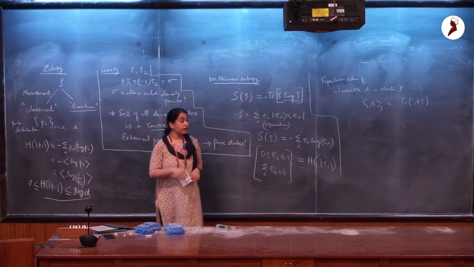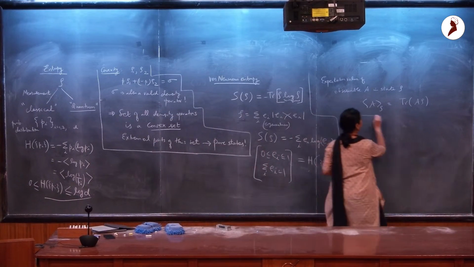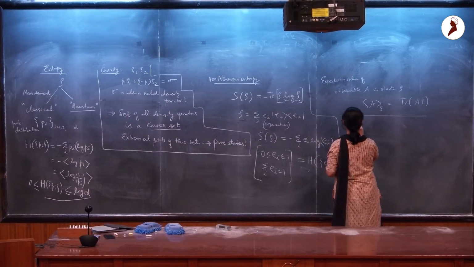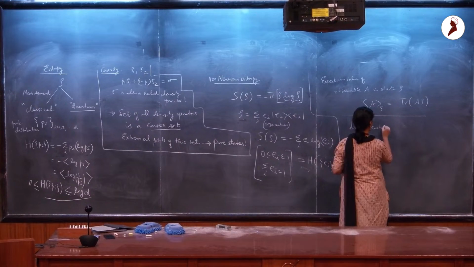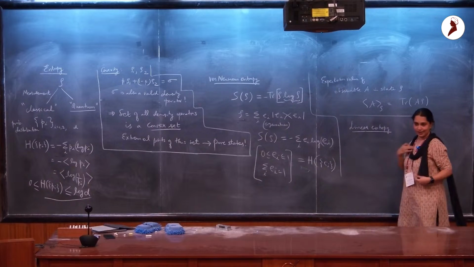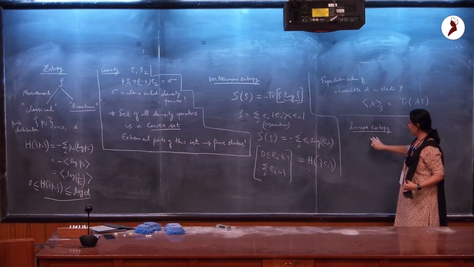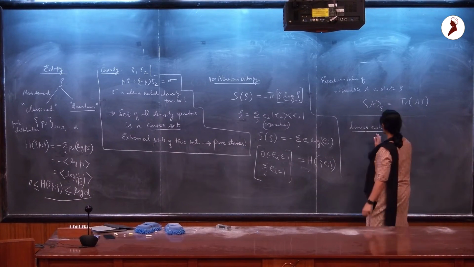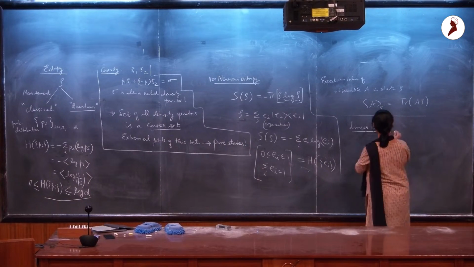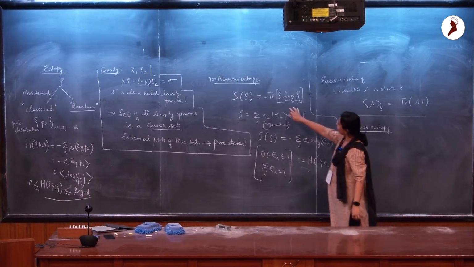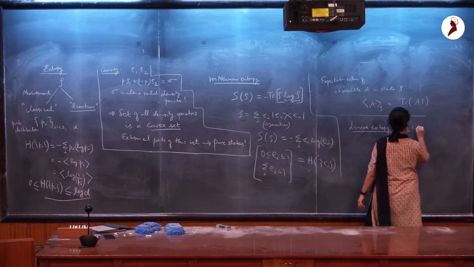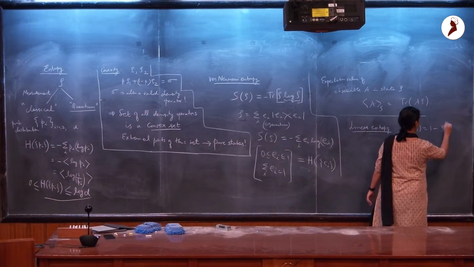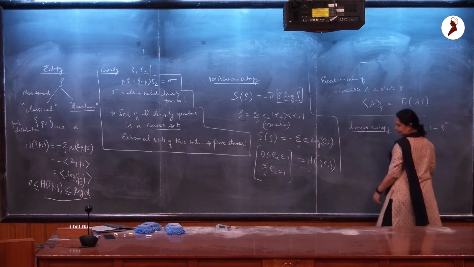Right? In the same spirit, you can think about the other entropy that I defined in the morning, which is the linear entropy. So someone asked me, why linear? And there could be two ways of thinking about this again. So this linear entropy, is it in any way related to this von Neumann entropy? The way I defined this, if you remember, was 1 minus trace rho squared.